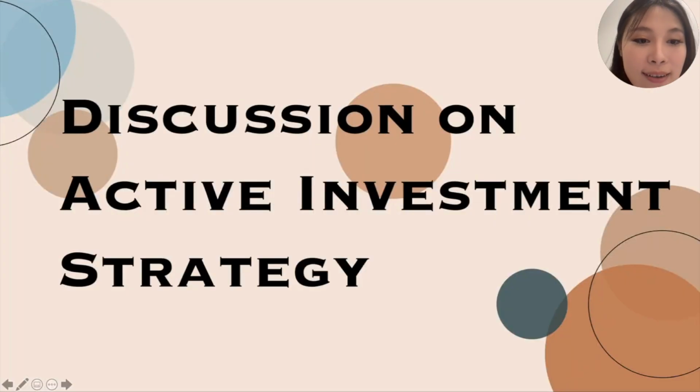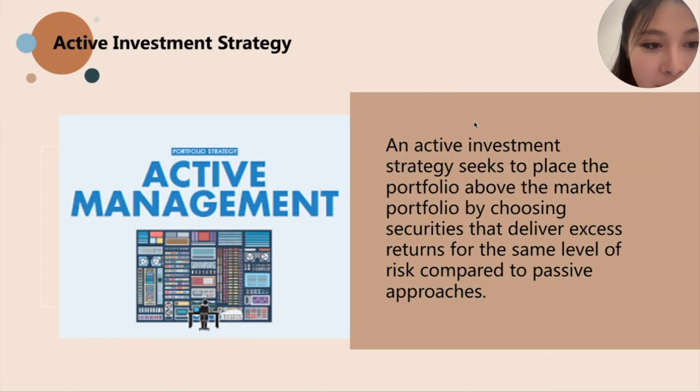Now let's focus on the discussion on active investment strategy. An active investment strategy seeks to place a portfolio above the efficient frontier by choosing securities that deliver excess returns for the same level of risk compared to a passive approach.